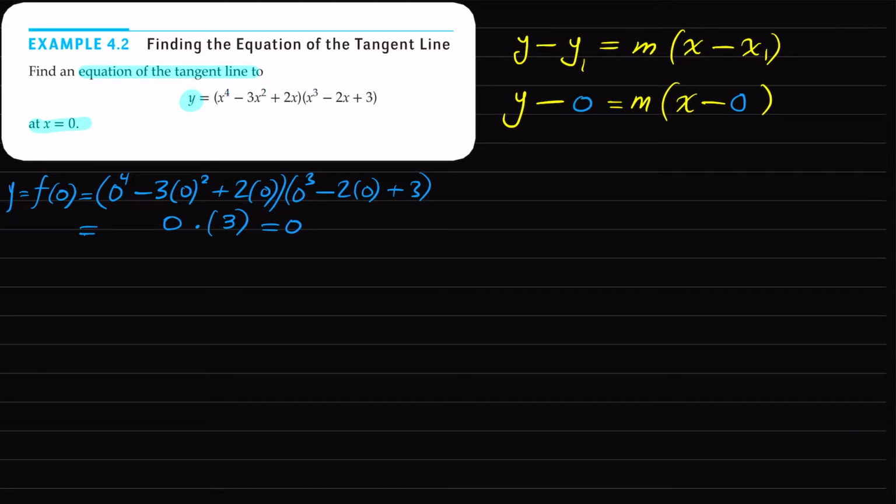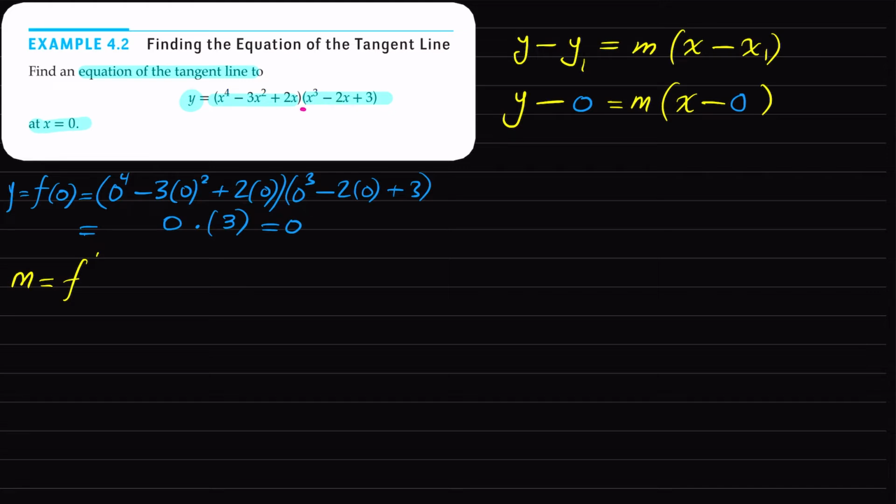Now we still need to find the slope. How do we find the slope? Usually the slope is f prime. In order to find f prime, we need to look at our function. Our function consists of two functions, and there is a multiplication between them.